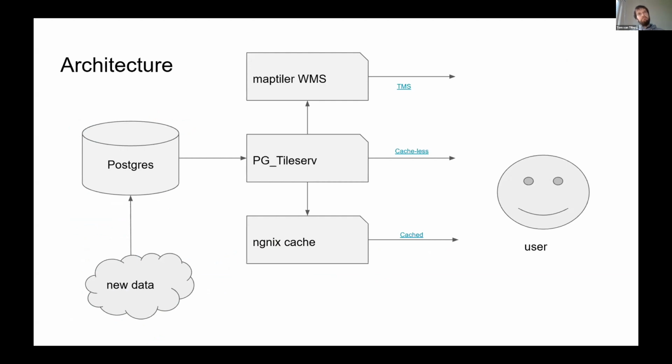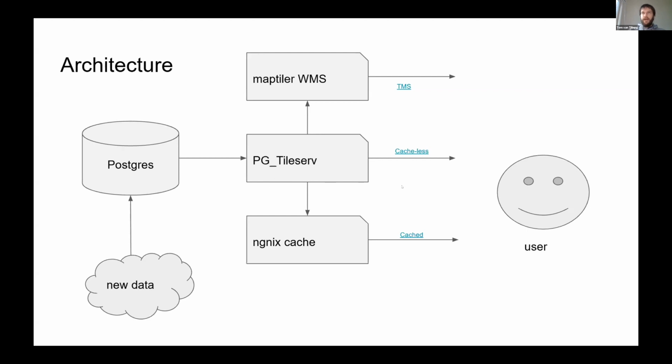And that might give some load if you have a lot of concurrent users. Therefore, it might be wise to build a small cache in front of it, which we did. Performance difference is not that big, which I'll show you. But we did one more thing, because some people still do want good old TMS, WMS, or other OGC standards, which is why we put a maptiler WMS service on top of it, or TMS service.